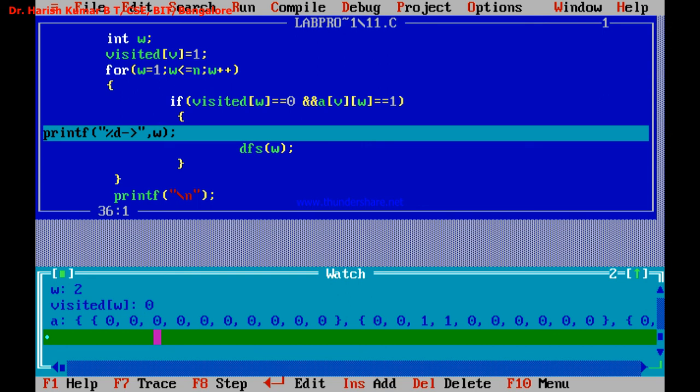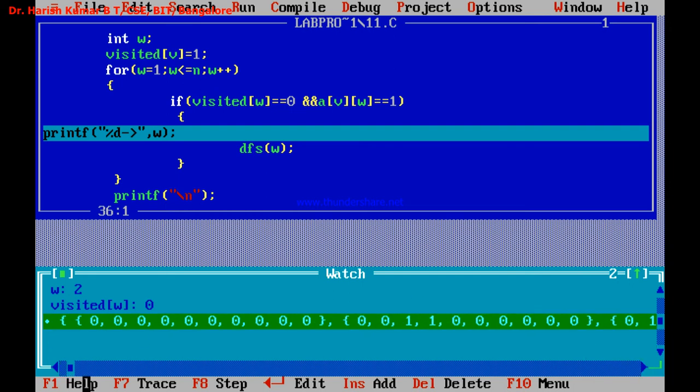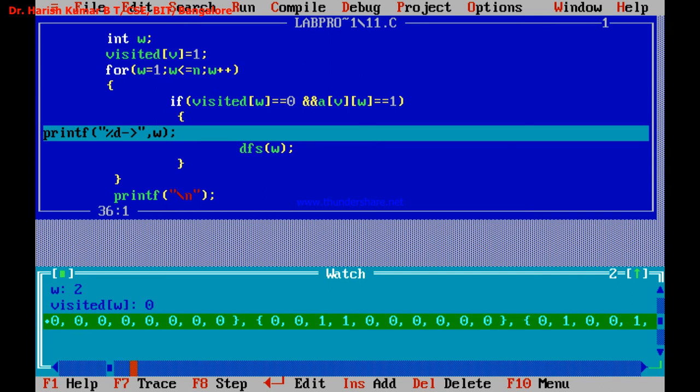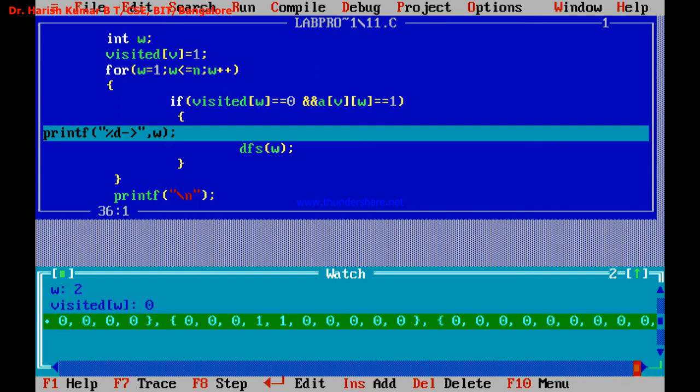Here in the adjacency matrix, you can see zeros, but I don't know why it is taking zeros.